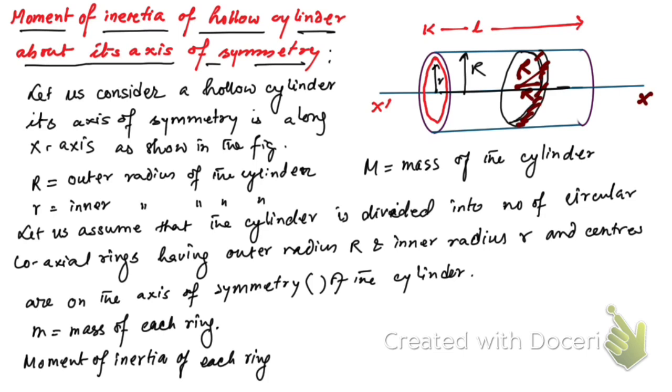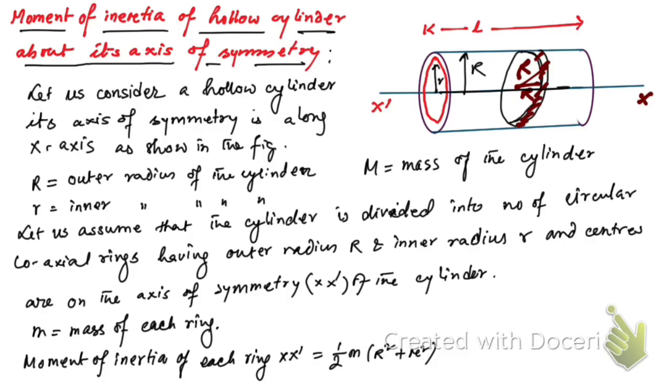Okay, so the moment of inertia of its ring about x dash is equal to half m, capital R squared plus small r squared. If small r is the inner radius and capital R is the outer radius, then this gives the moment of inertia of a ring with internal and external radii. Hope you have understood this.